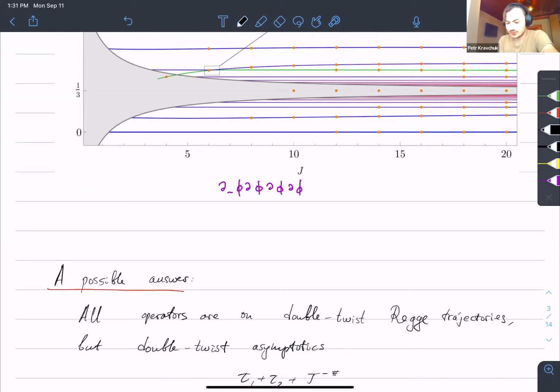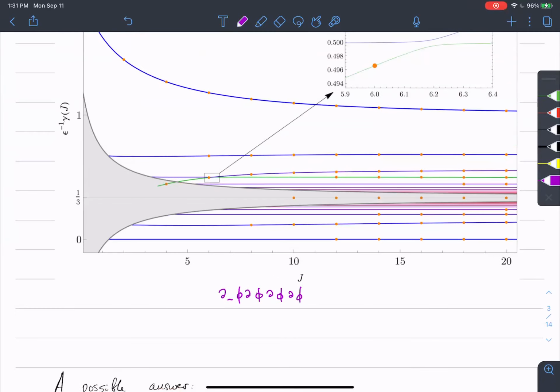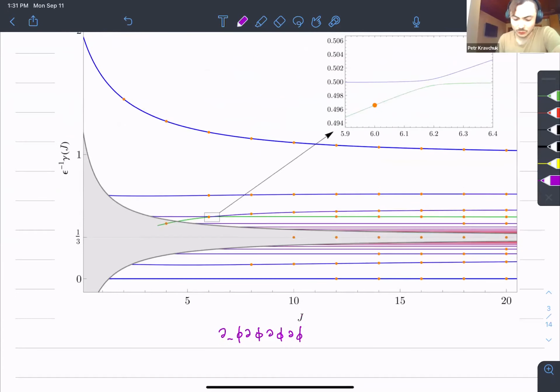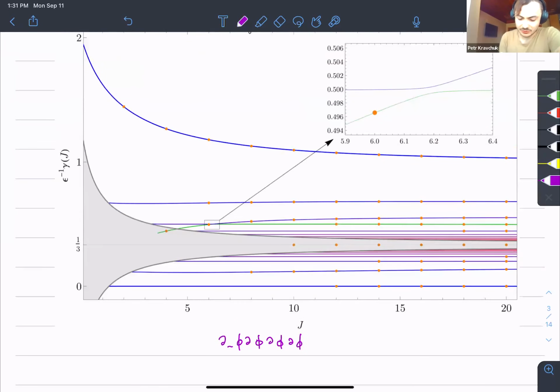Sorry, let me try to make a statement and then we'll see if it answers your question, because I'm not quite sure I understood exactly what you're asking. Let me state more carefully what I mean here. Let's say we look at this trajectory over here, and I say that this is the double twist trajectory of O1 and O2.